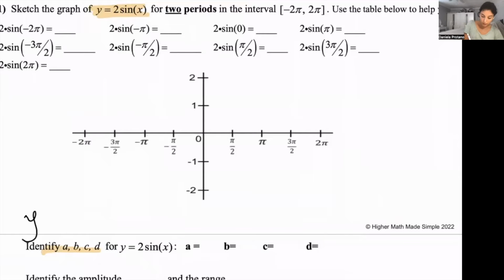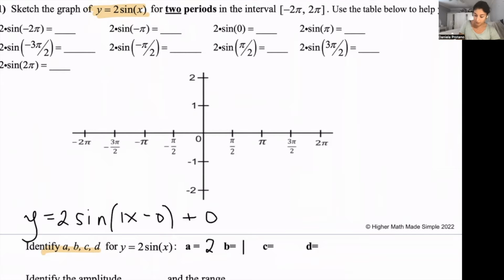We can write it this way, right? It's 2 times sine of 1x, where x has the coefficient of 1. I can either add or subtract 0, but if we're just going to follow the formula, it would be minus 0 and then plus 0, right? That's the same thing. So that means that a is 2, b is 1, c is 0, and d is also 0.